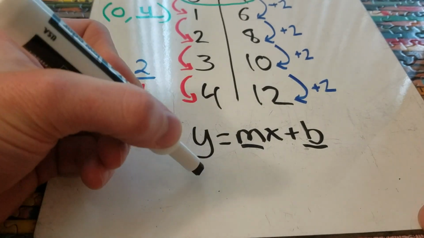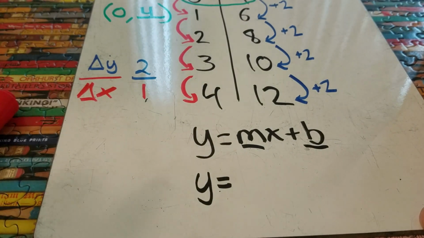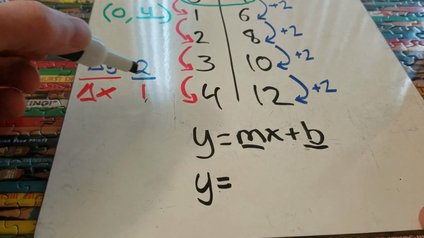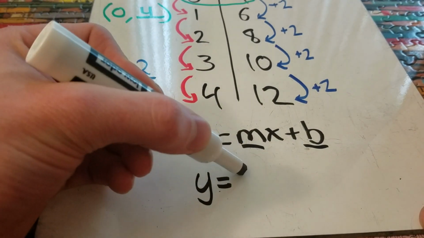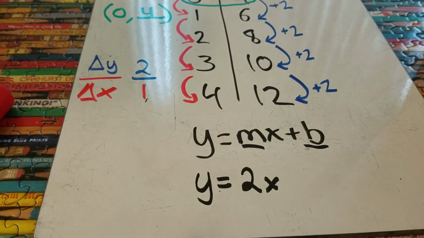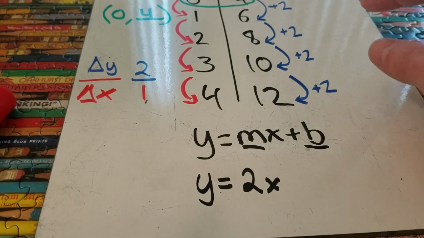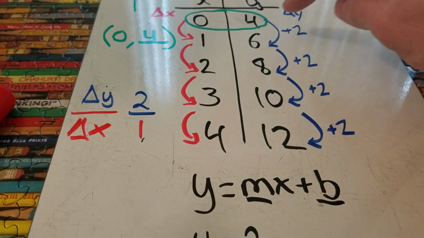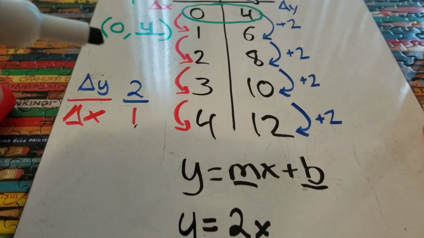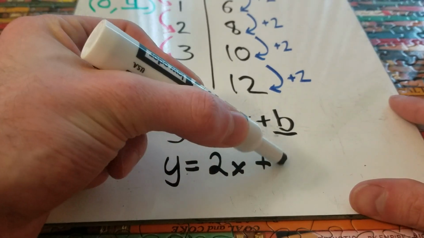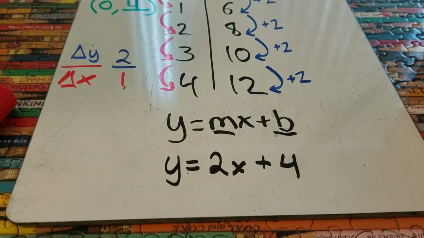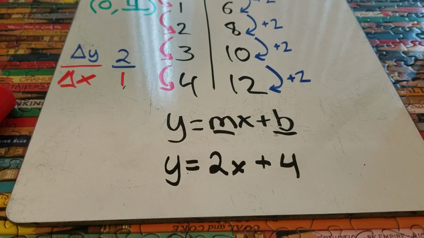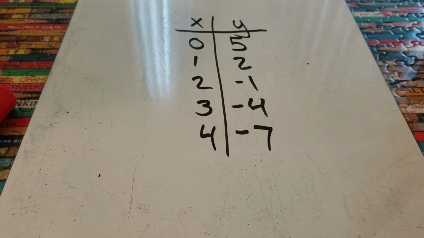So y equals, we figured out that the slope was 2 over 1, so y equals 2x, and plus b, I know the y-intercept was 4. So in this case, my equation is y equals 2x plus 4. I'm going to do another example in a second.